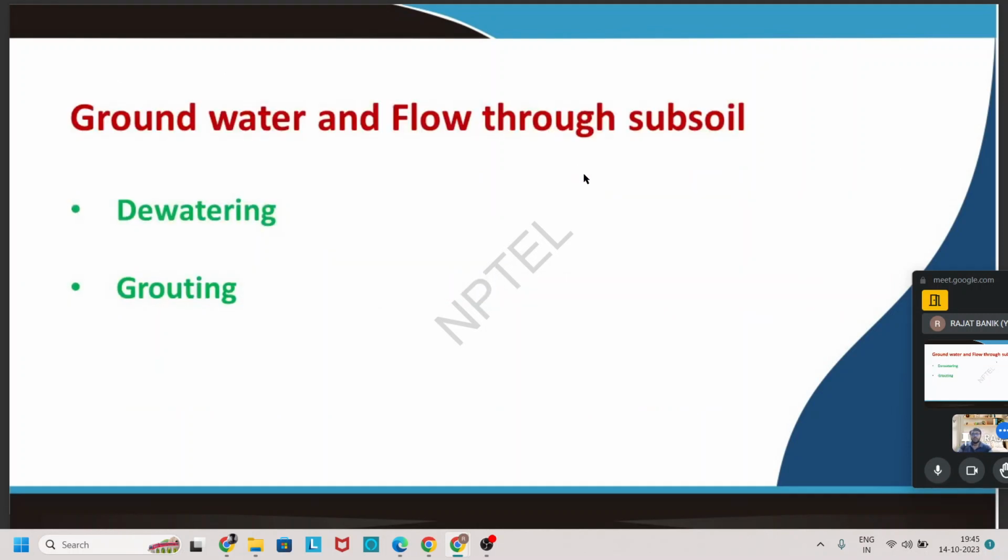We also discuss groundwater and flow through subsoil, and here we discuss the dewatering technique, pre-consolidation, grouting, then drainage, pump in, pump out techniques like that.